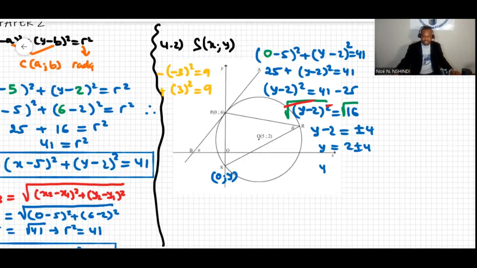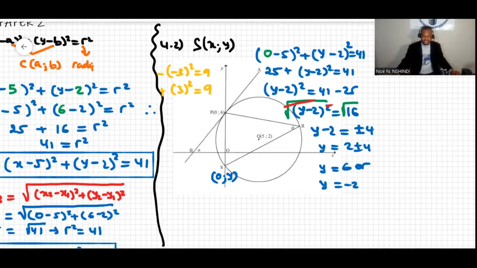And then I have y equal to, here there are two answers: 2 plus 4 equal to 6, or 2 minus 4 equal to negative 2. Now, by looking at the point S, you'll see that the point S is underneath the x-axis, meaning in the middle of the third and fourth quadrants.